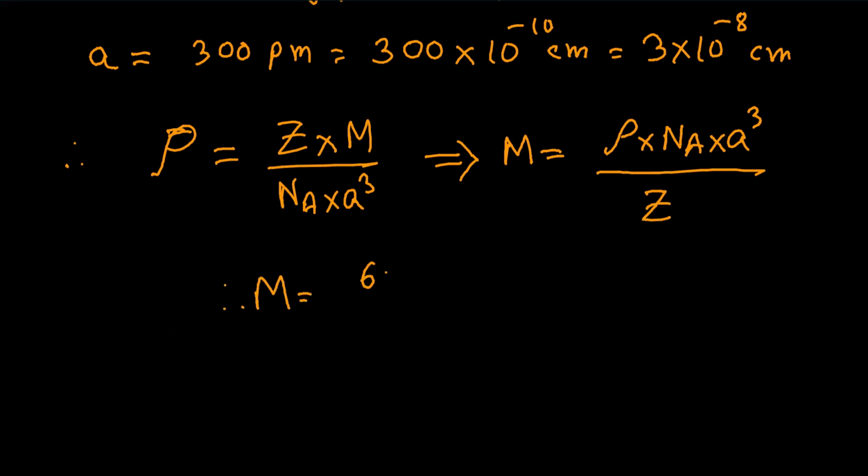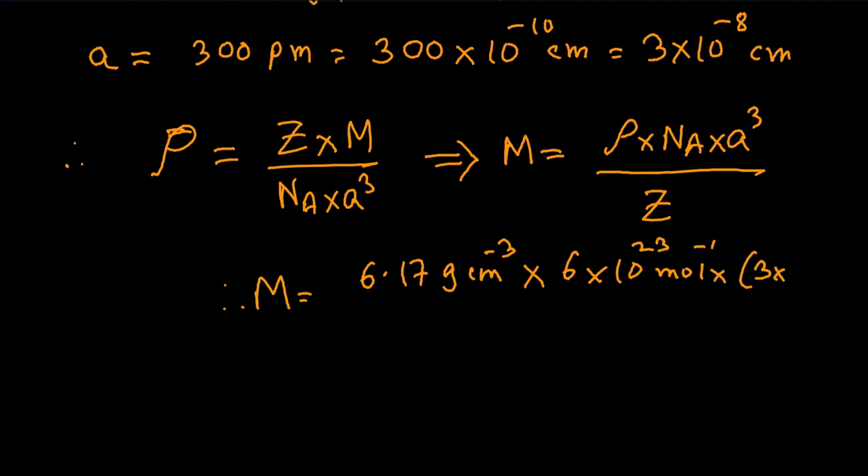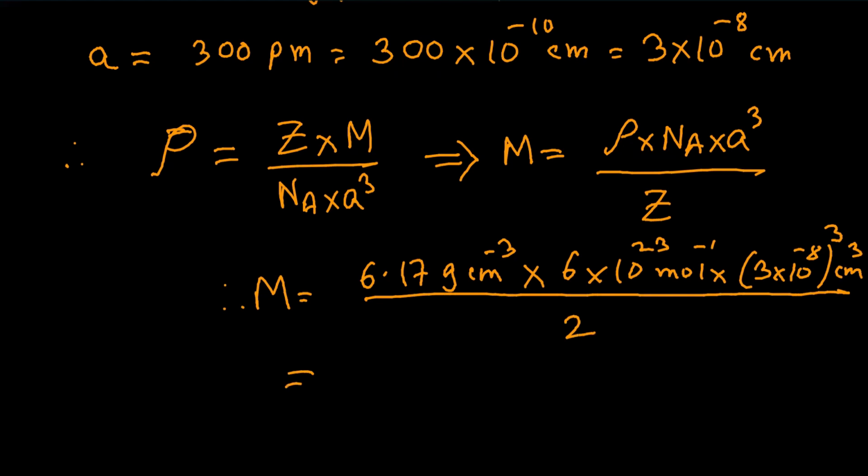So rho is 6.17 gram centimeter to the power minus 3 × Na is 6 × 10 to the power 23 mole inverse × (3 × 10 to the power minus 8) cube centimeter cube divided by 2. Okay.